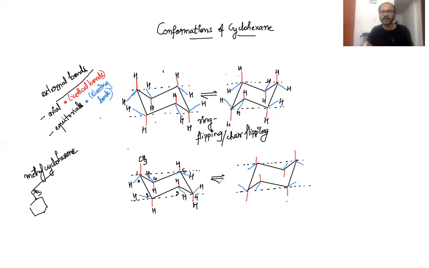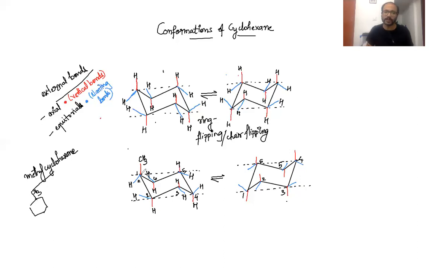Then the first carbon has now come down, and the fourth carbon has gone up. Ring flipping means the chair head and chair leg have been flipped in these structures.